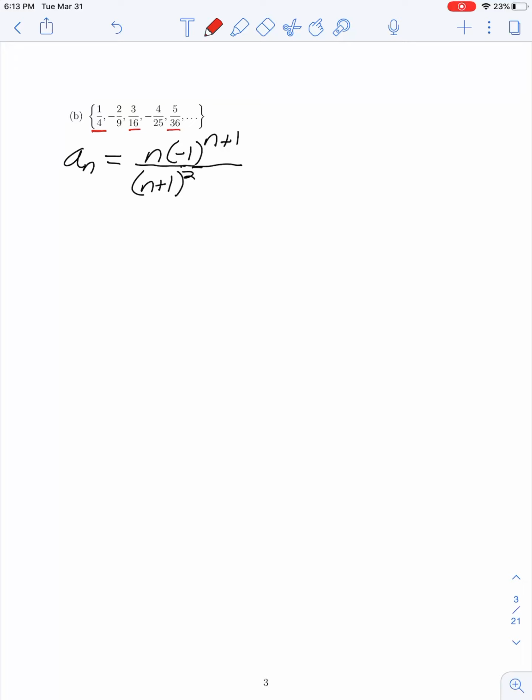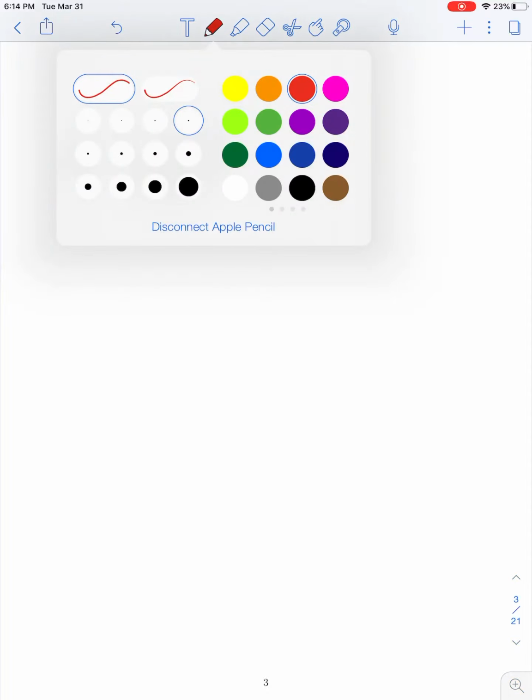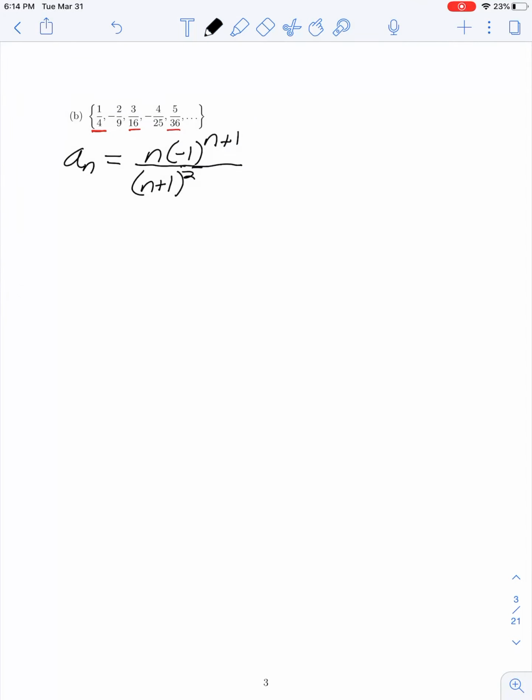So if n is odd, that is for my first term, my third term, my fifth term, and so on, I'm going to have an even power of -1 so that each of those terms is positive. So in this example, our general term for the sequence would be the following.